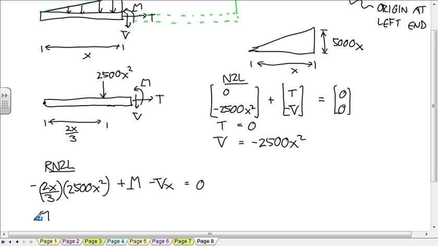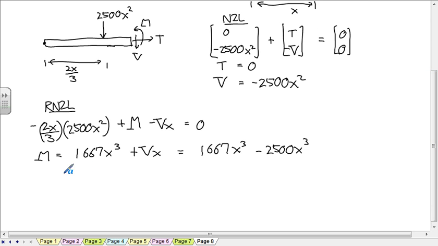And so M is equal to, this all comes out to be positive 1,667x cubed plus Vx, and we know V is this, so that gives us positive 1,667x cubed minus 2,500x cubed, and so you get a final value of negative 833x cubed.